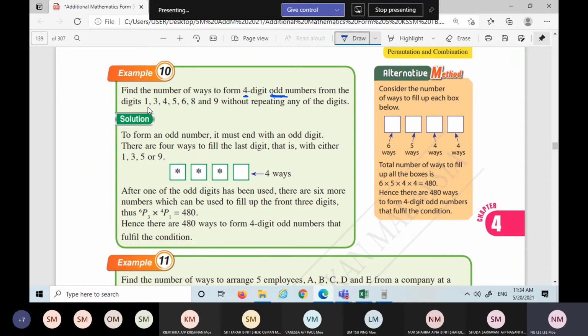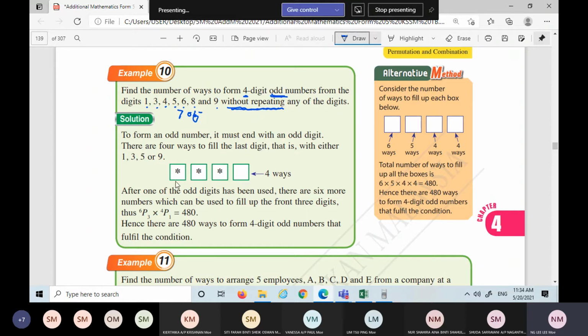So altogether how many? 7 objects. Without repeating. This one is also very important. Whether repeating or without repeating, you have to read the questions carefully. Without repeating means you can't repeat. If you have used that digit, then you cannot repeat that digit again, any of the digits.